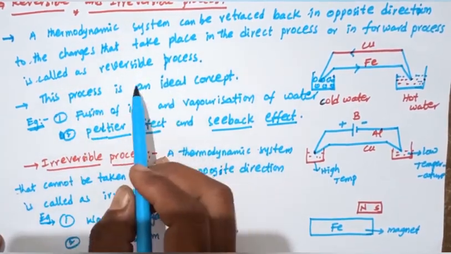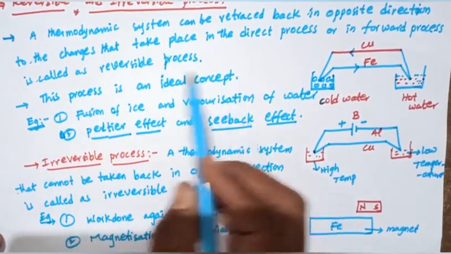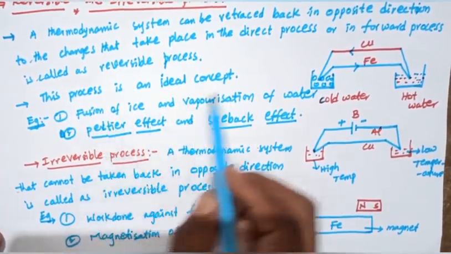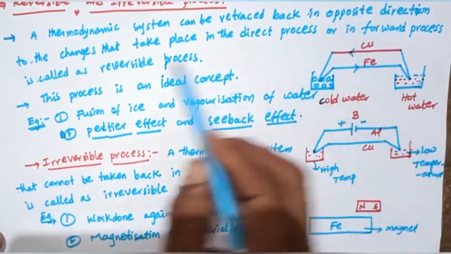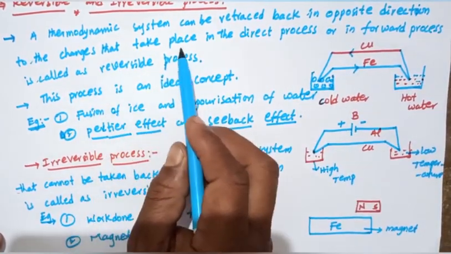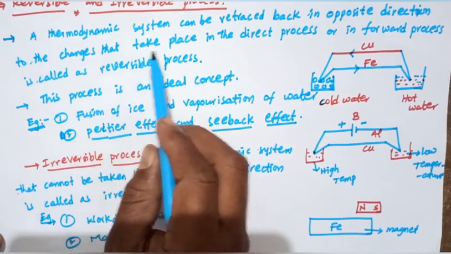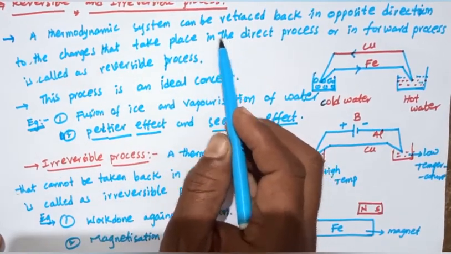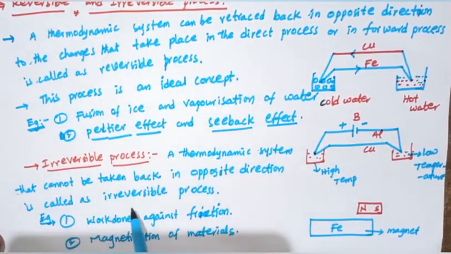A thermodynamic system that can be retraced back in the opposite direction, with the same changes taking place, is called a reversible process.